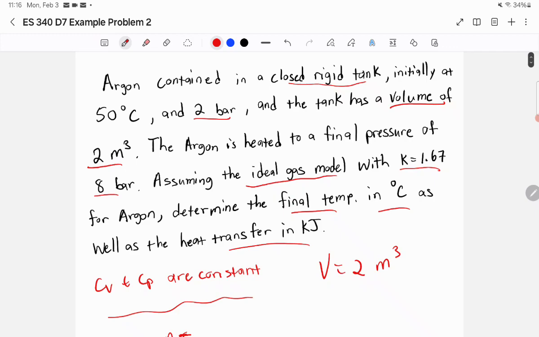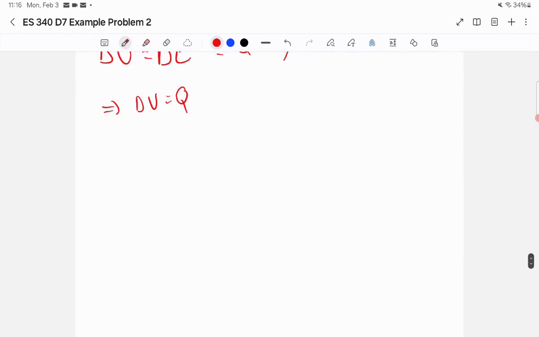Again, the volume of the gas is not changing, so we know that if there's no change in volume, there can't be any work done by the gas. So delta U is equal to Q, not delta Q.